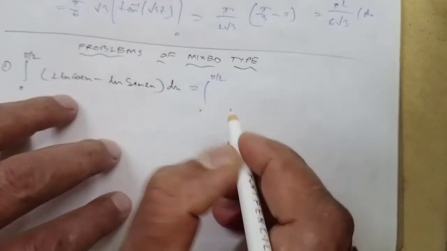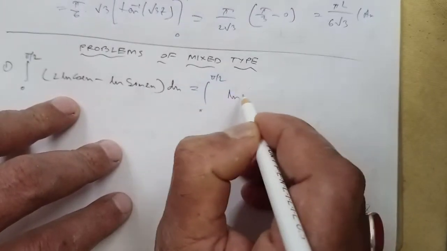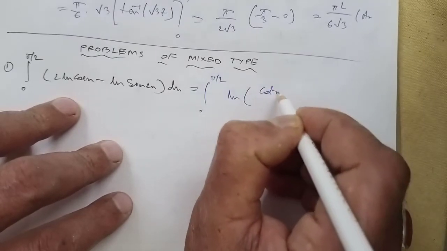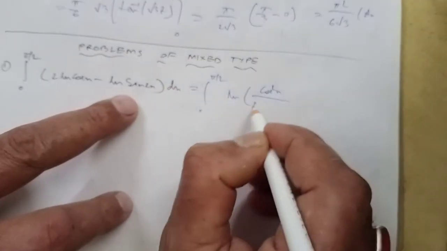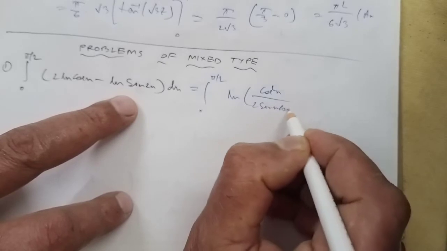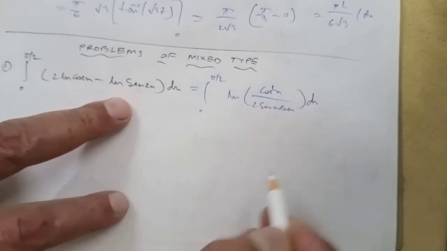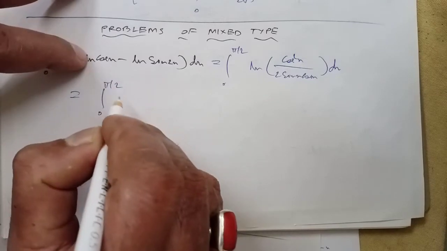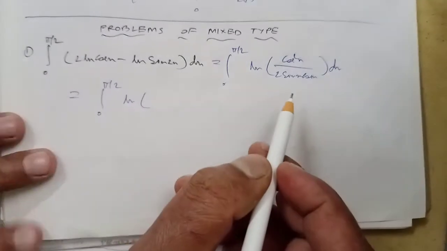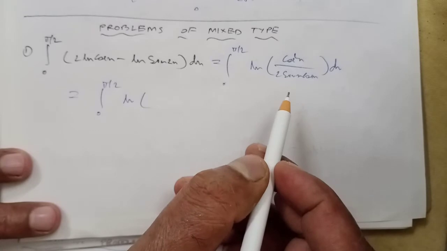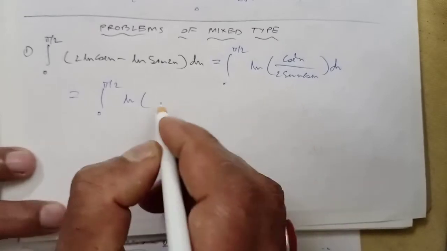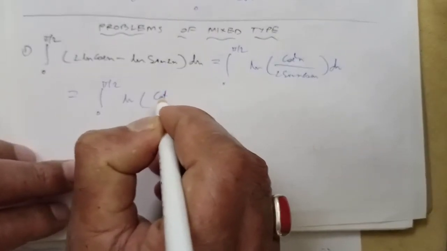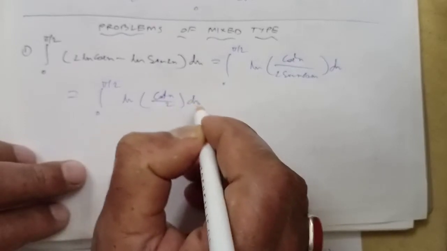0 to pi by 2, we get ln of cos square x and sin 2x is 2 sin x cos x dx. Then we get 0 to pi by 2 ln of, this becomes cot x by 2, cot x by 2 dx.